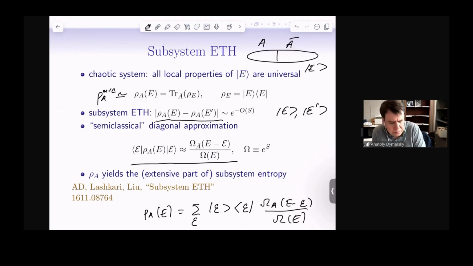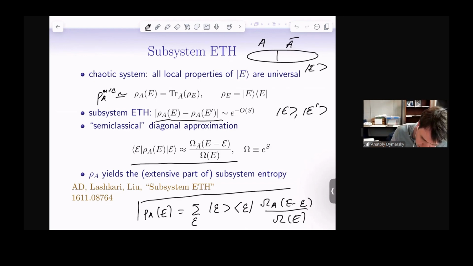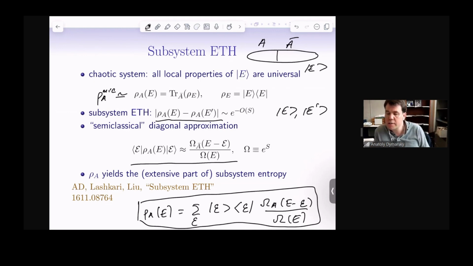They will be very important if you try to discuss dynamics, especially out of equilibrium dynamics. But if you want to discuss some properties in equilibrium, for example, the subsystem entropy, then the idea is that you can ditch them. You can completely forget about them. You can pretend that they're not there and simply use this formula as your formula for the reduced density matrix of an individual energy eigenstate.